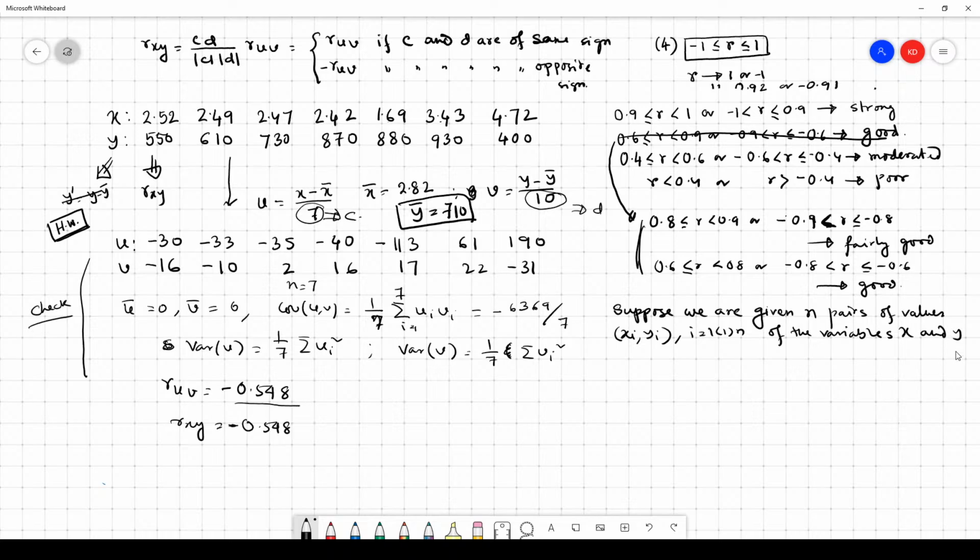Then r is equal to 1 by n, sum over i from 1 to n, of xi minus x bar times yi minus y bar, divided by Sx Sy, which are the SDs of x and y respectively.